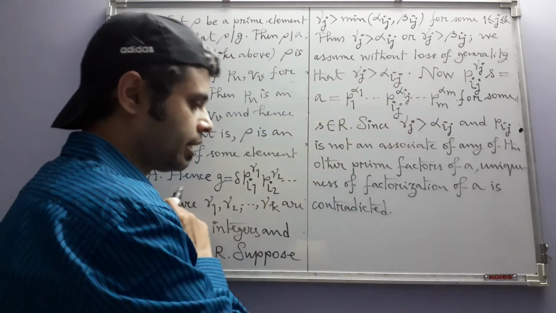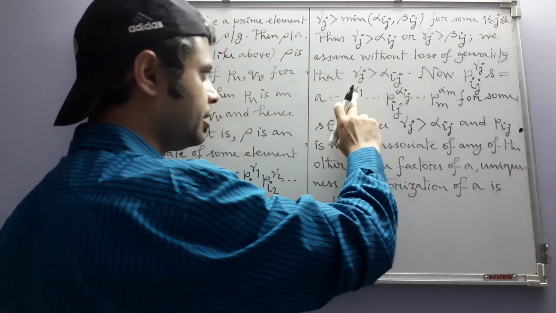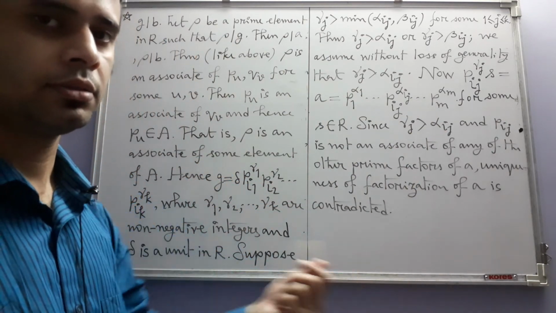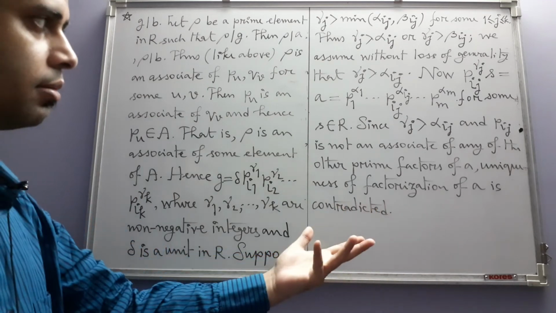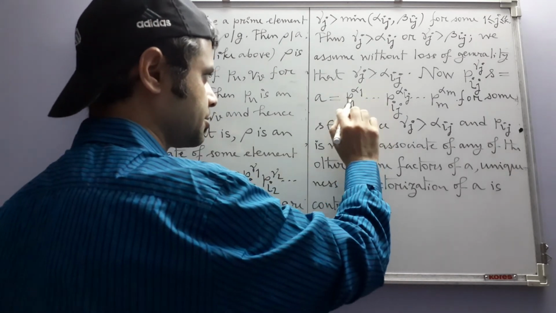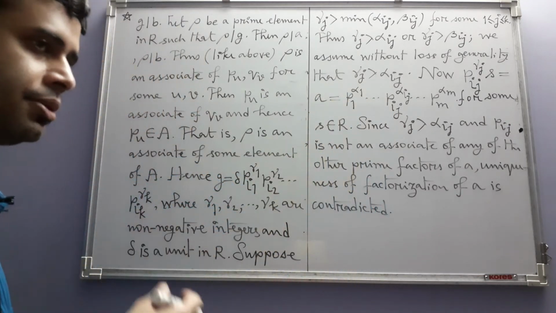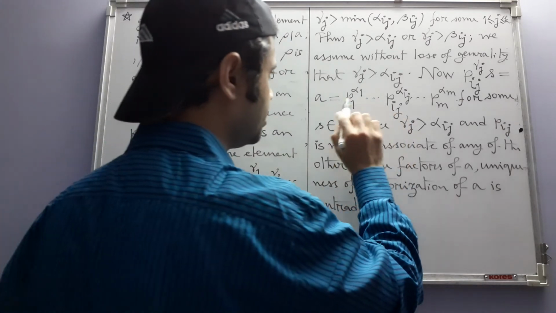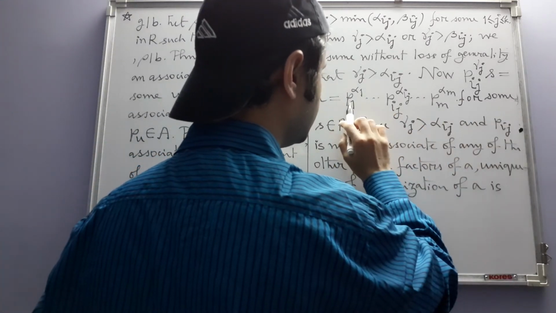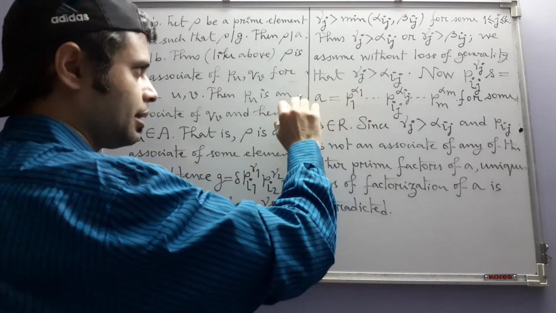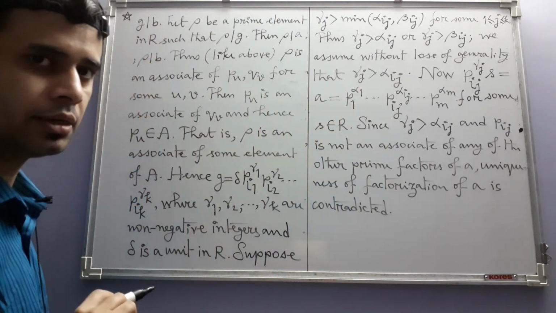If we write everything down as a product without using exponents, so we write p1 p1 p1, alpha 1 times, like that, then each such pi, according to uniqueness of factorization, should be an associate of some pj.